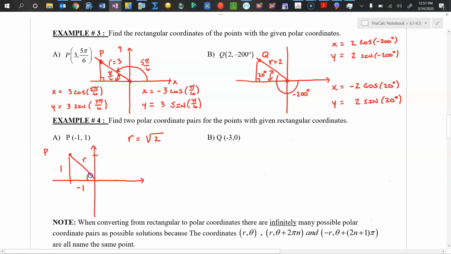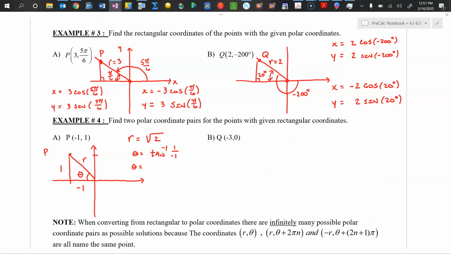I could then use right triangle trig to find the reference angle. I'll call it theta. Theta is equal to the inverse tangent of y over x, or 1 over negative 1. If I use that, I need to be careful about the fact that the inverse functions give me restricted answers that are going to fall between negative pi over 2 and positive pi over 2.